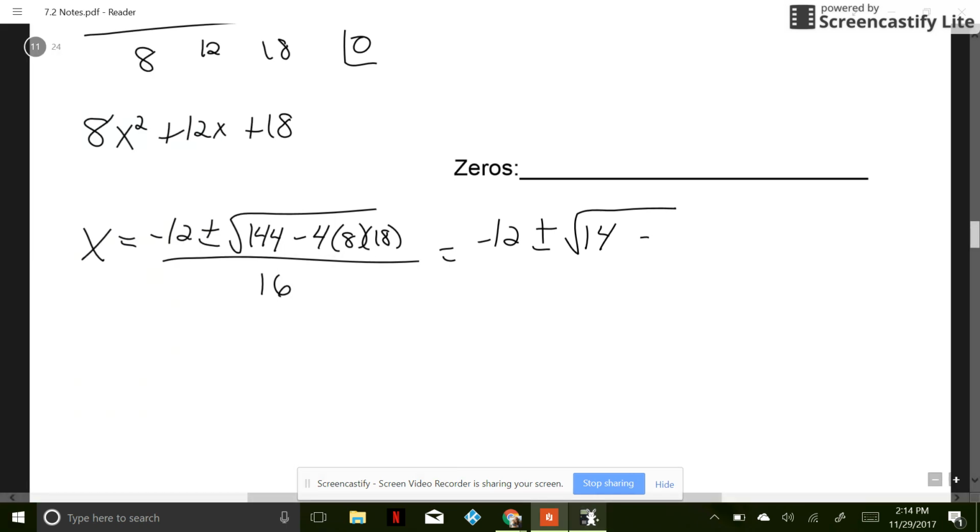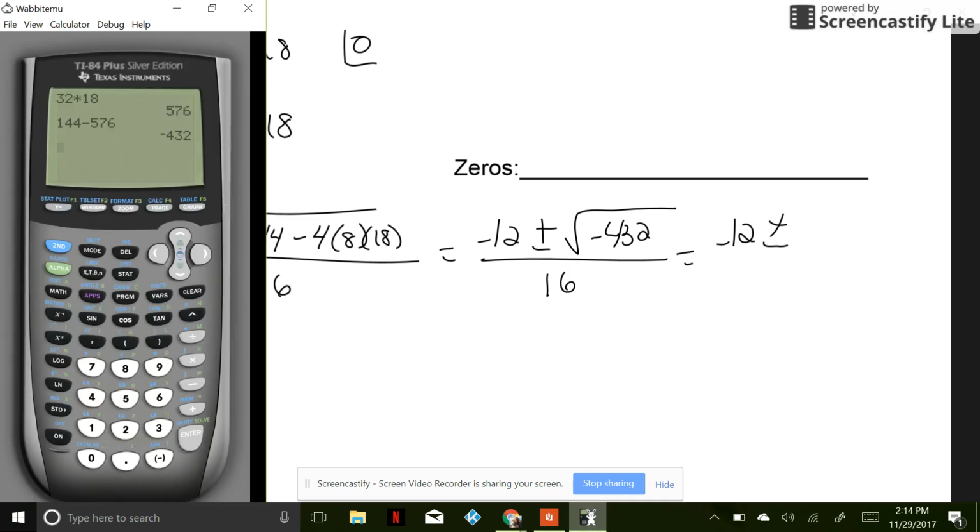So that's what's going to go under our root here, negative 432. Again, that's getting the imaginary we're expecting, divided by 16. Let's see, this is going to simplify a little bit. I don't know to what. All right, 432. Let's see, we're looking for perfect squares.